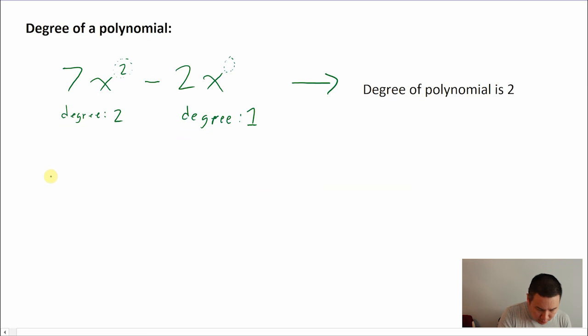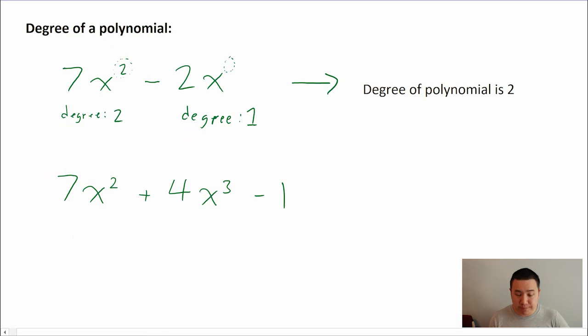We have 7x squared plus 4x cubed minus 1. Looking at this, the degree of this term here is 2.